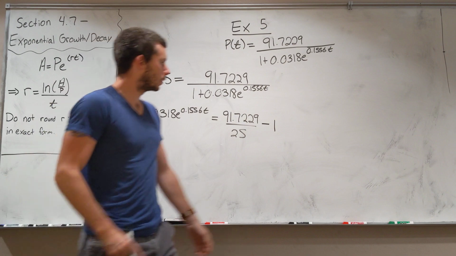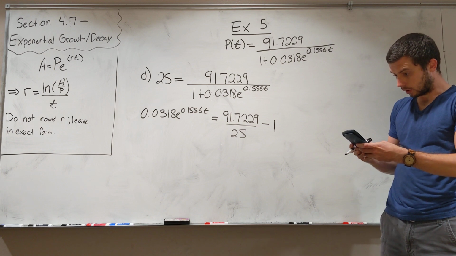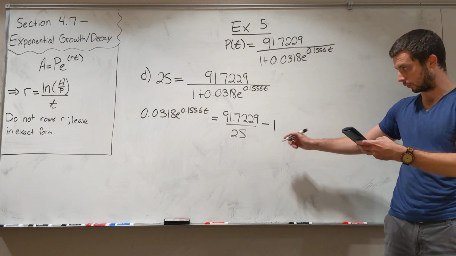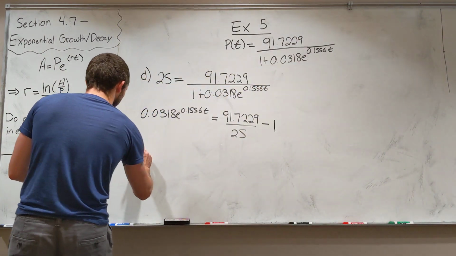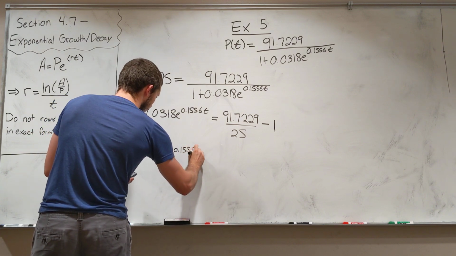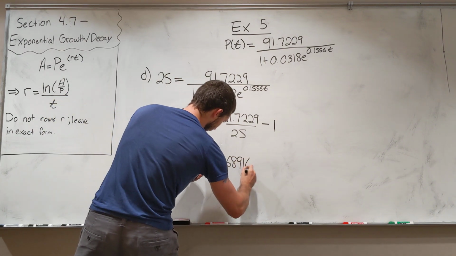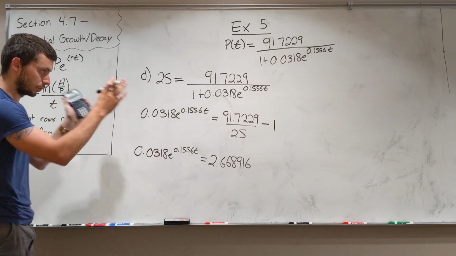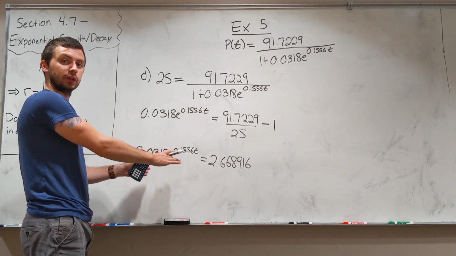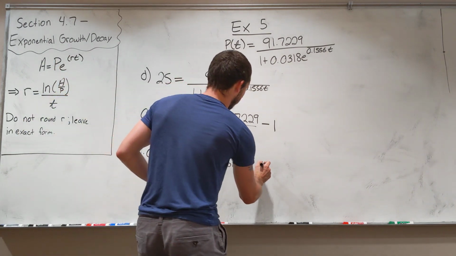And so we really have no choice but to simplify this. 91.7229 divided by 25, all of that minus 1. And I get 2.668916. Again, it's not a fun problem, so just try to follow with what I'm doing. This does fit the exponential form though, provided we divide both sides by the number in front to get the exponent by itself.